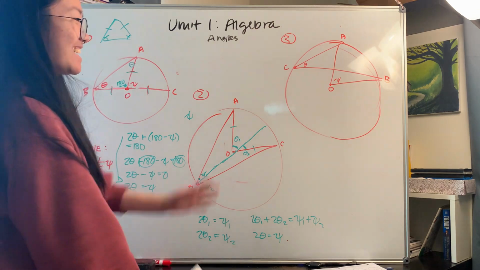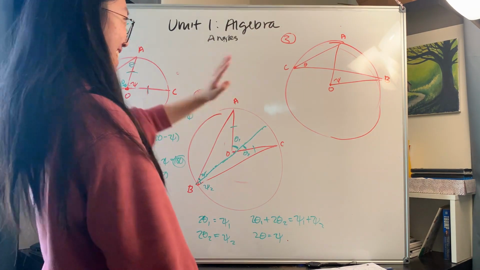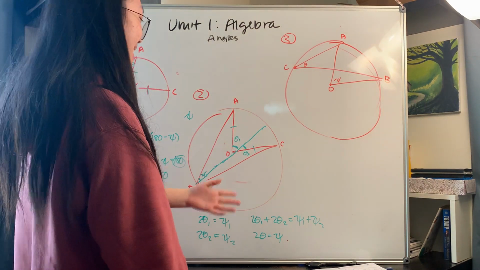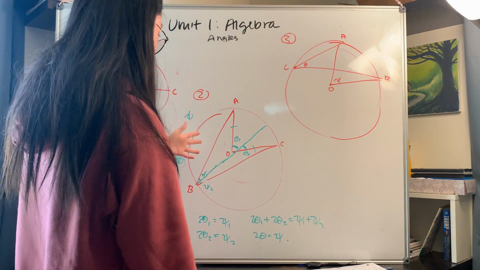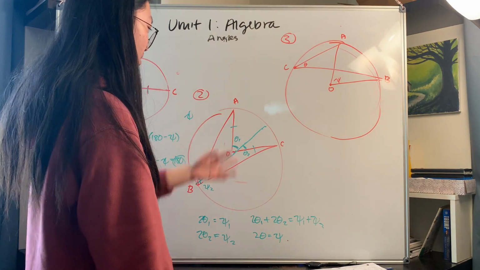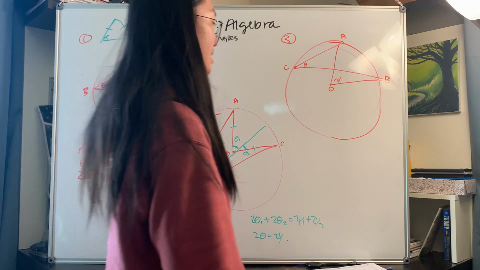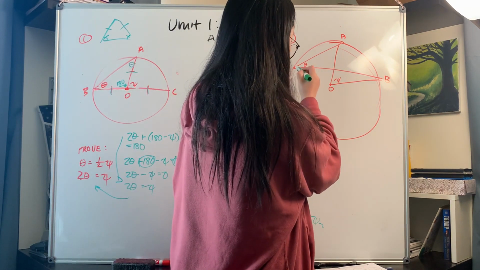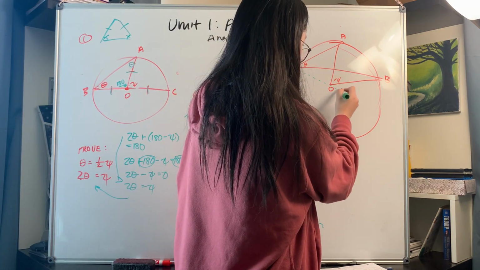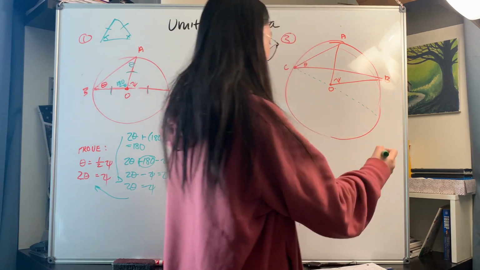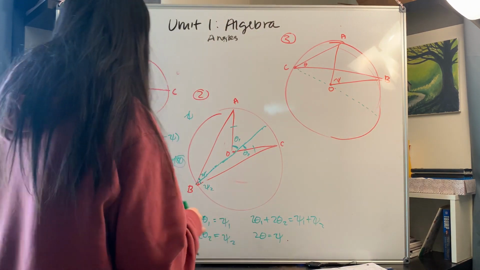Problem 3 is a lot trickier looking than the rest, but we can still use the same trick that we did for the proof for number 2, and we can draw another diameter. Except this time we're going to draw a diameter through C and O. All right, so this is a diameter we have drawn.